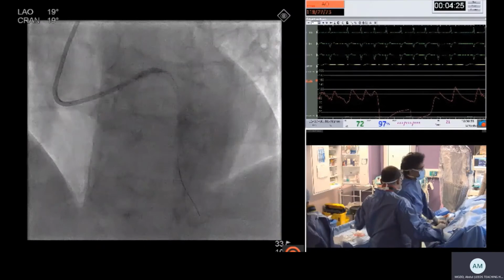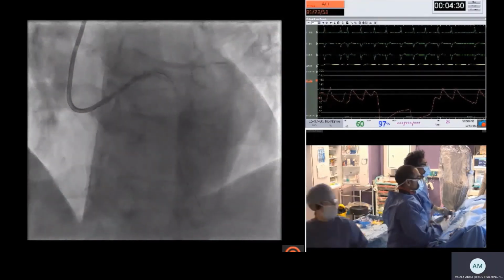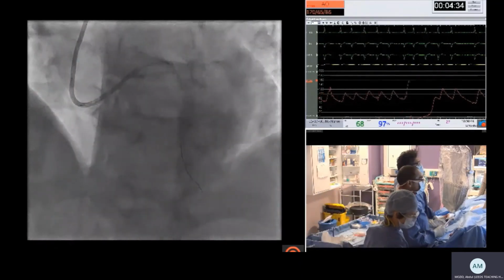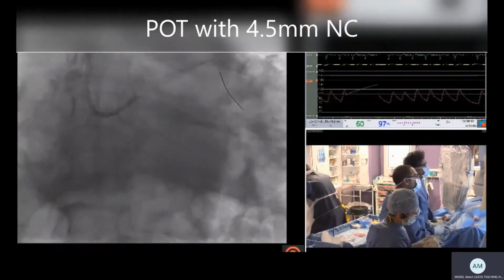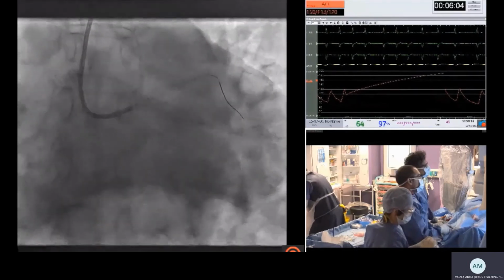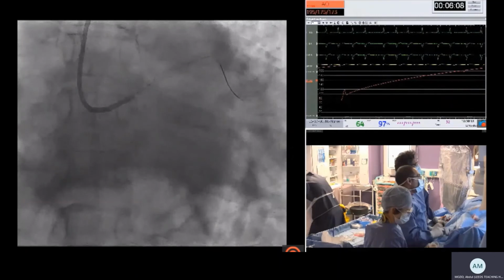So this is the left main stent being deployed. The balloon is then withdrawn and further high pressure balloon inflation is performed, and following this the guide is easily engaged into the stent. The key next step is to perform proximal optimization. This is a 4.5 millimeter NC balloon.